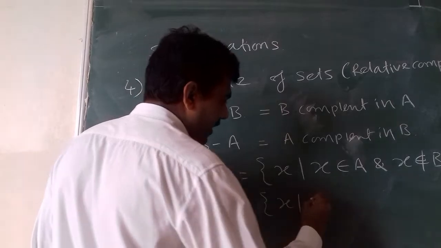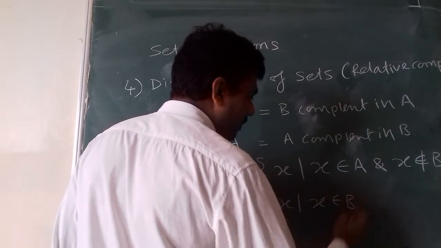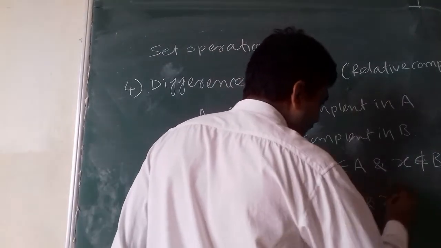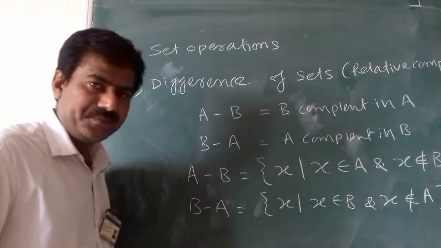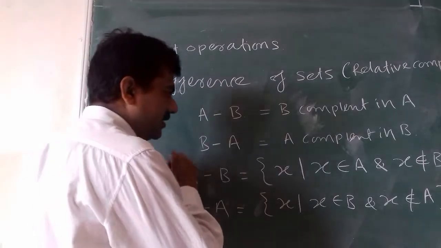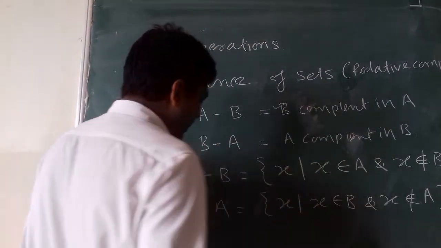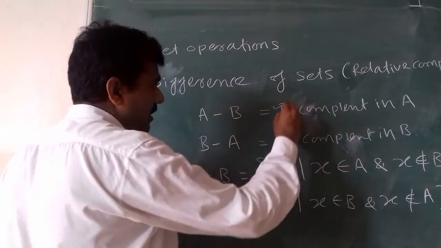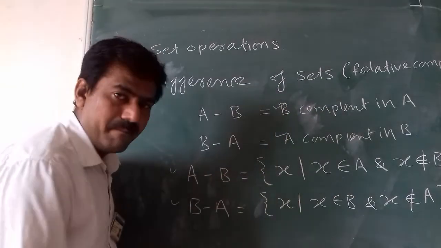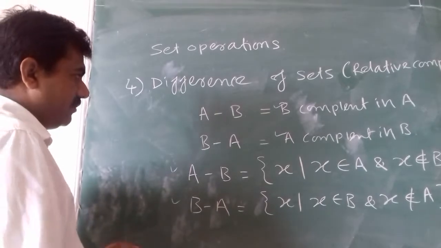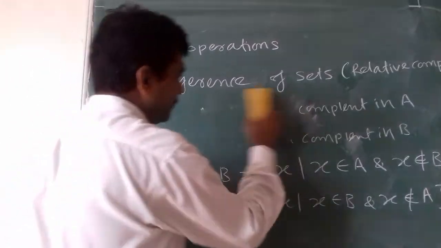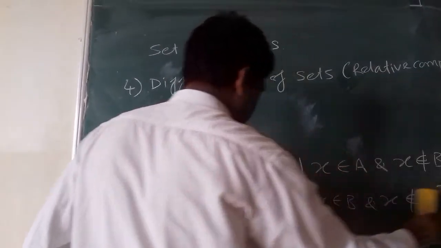It contains the elements x such that x belongs to capital B and x does not belong to capital A. Right? So in the first case it is the B complement in A, and in the second case it is the A complement in B. Okay. Now let's see the example.